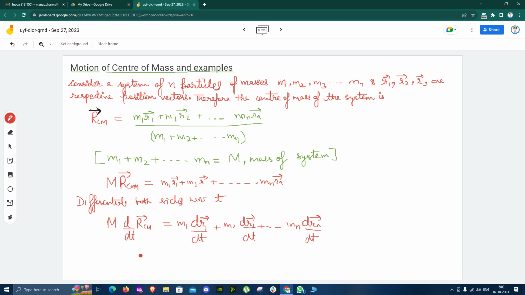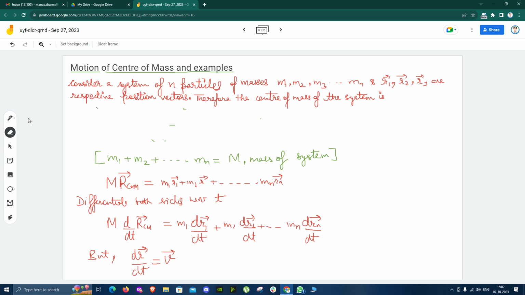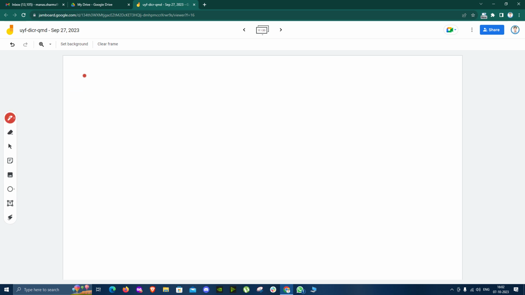So we know that change in position, this is position vector, so change in position with the time is actually the velocity. So all these things will become the velocities. So we have M VCM, or we can say VCM, velocity of the center of mass.